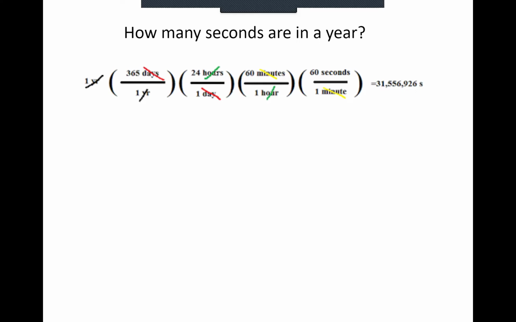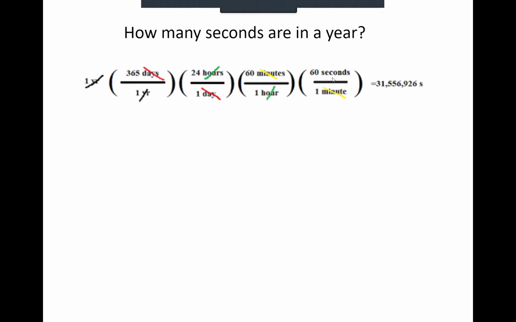Hours, in the numerator of the second set of parentheses, but in the denominator of the third set of parentheses, means that it can go away. Minutes, in the numerator of the third set of parentheses, but in the denominator of the fourth set of parentheses, means that that unit minute goes away. The only unit that did not cross out is found in the numerator of the fourth set of parentheses, seconds. And that's exactly what the answer asks for. It says how many seconds are in a year.